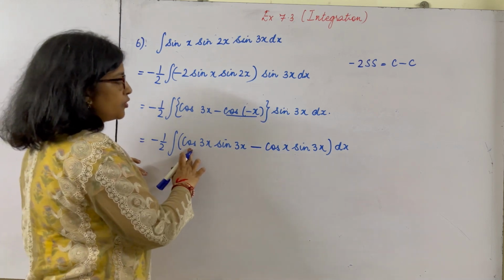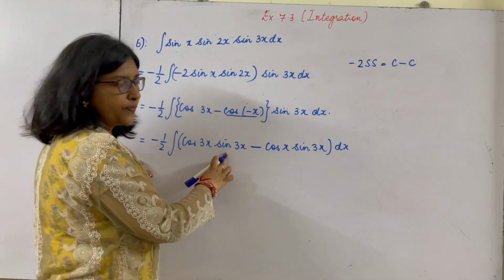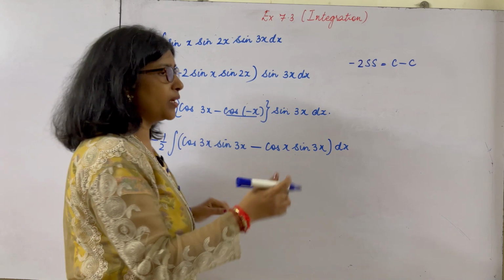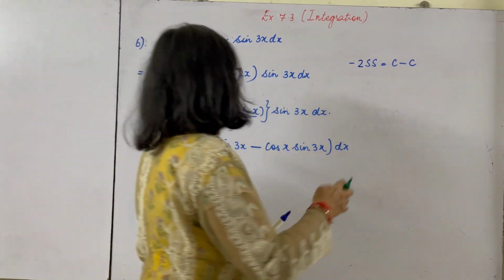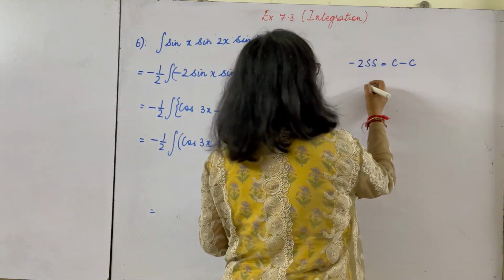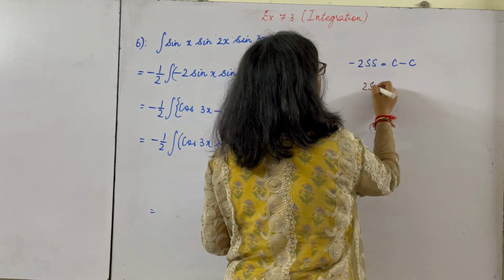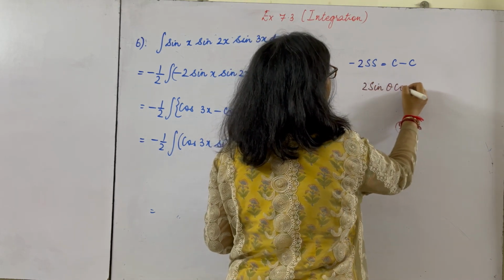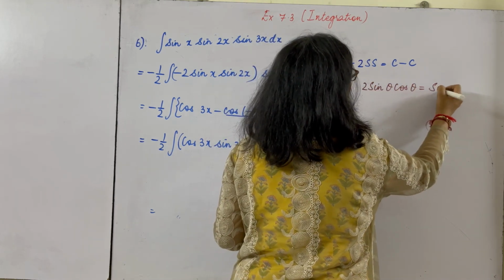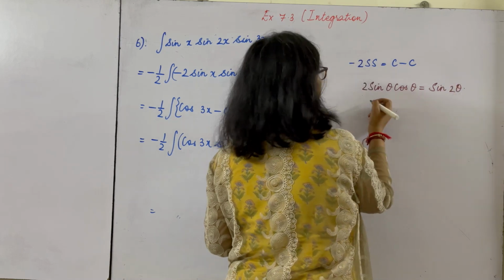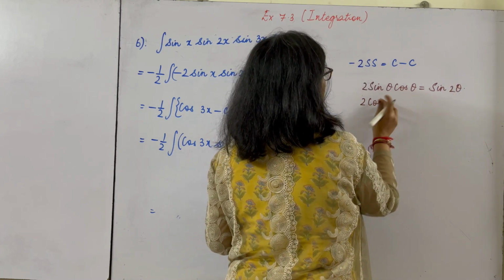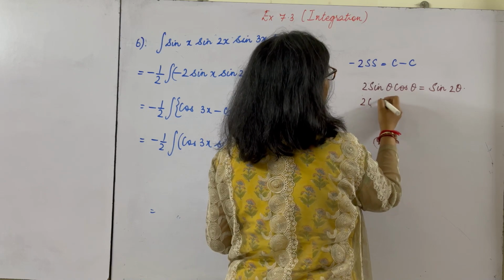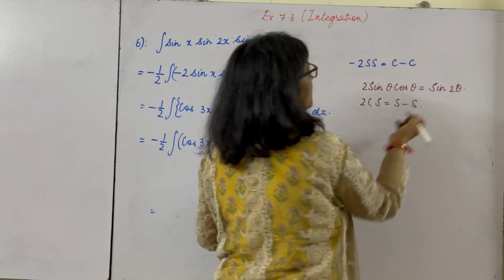Now we are having the formula cos into sine. Now over here you can directly apply our formula or identity which we know, that is 2 sine theta cos theta is sine 2 theta. And for the other one, 2 cos A sin B is sin(A+B) minus sin(A−B).